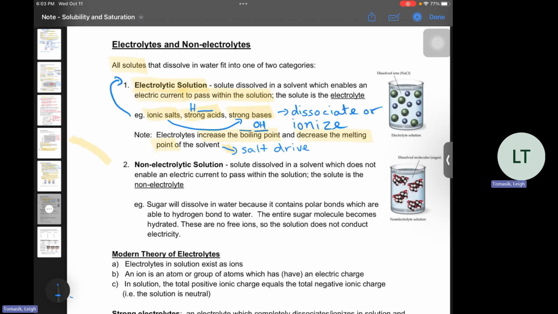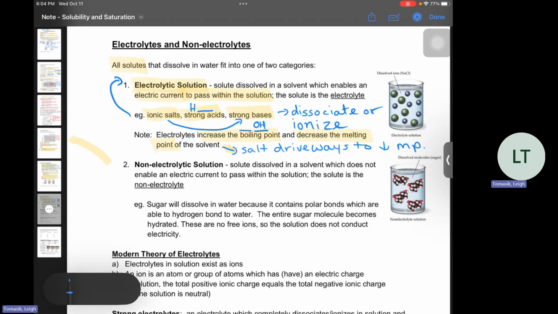So we salt our driveways to decrease the melting point. We want our snow to be melted at temperatures below 0 degrees.